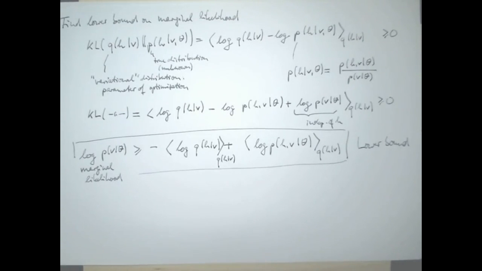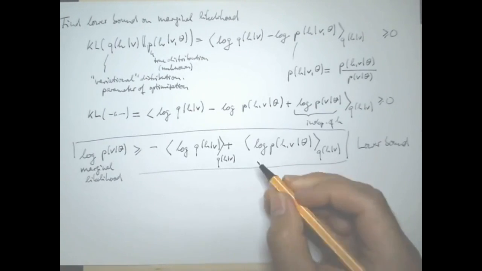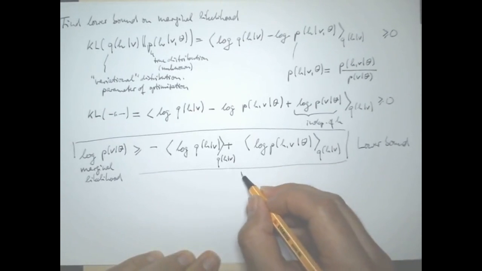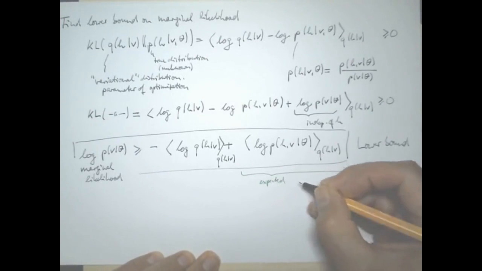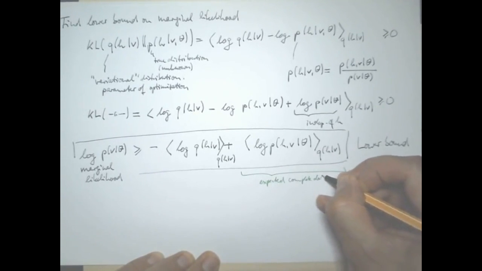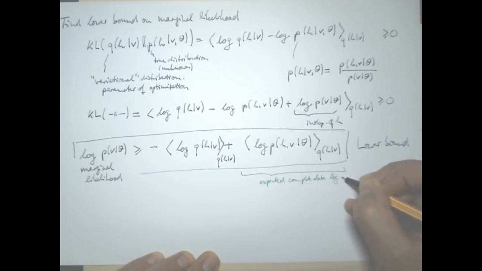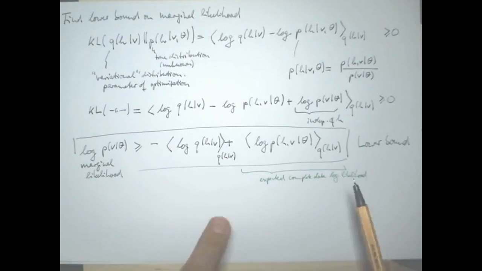And well, this last term is important, so it has a name of its own. This is the expected complete data log likelihood. So it's a log likelihood.